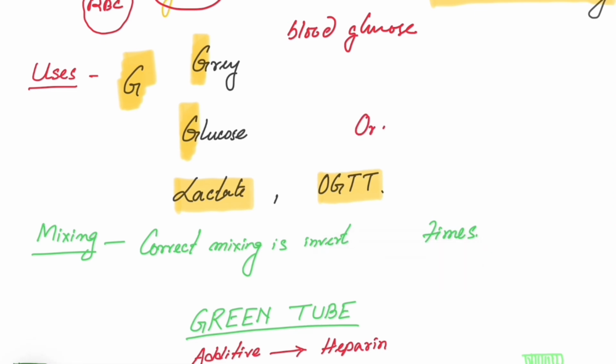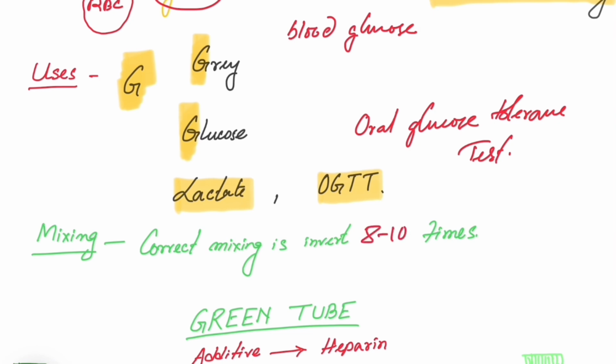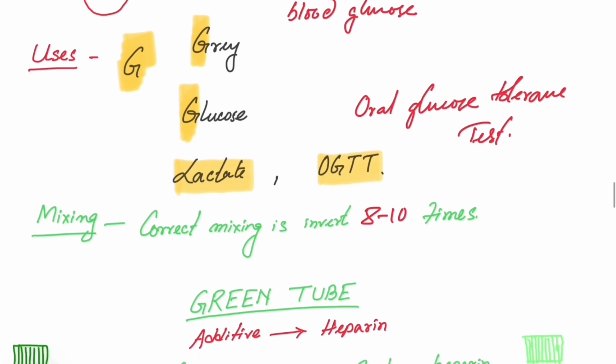What is OGTT? It is the oral glucose tolerance test. You mix the tube by inverting it 8 to 10 times. It is the correct mixing. Invert the tube 8 to 10 times.